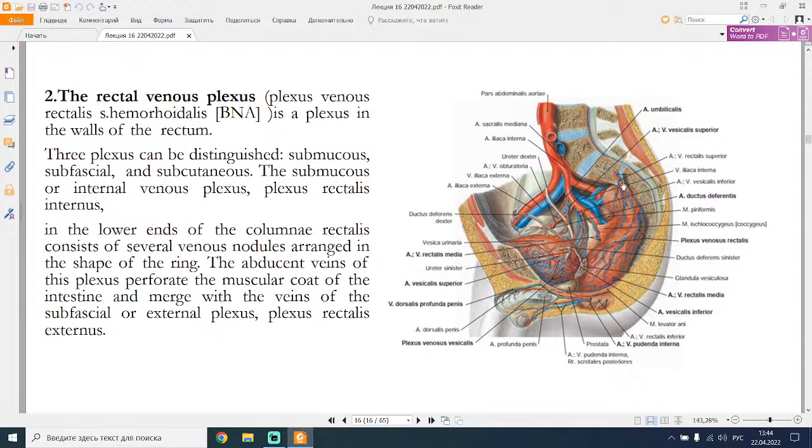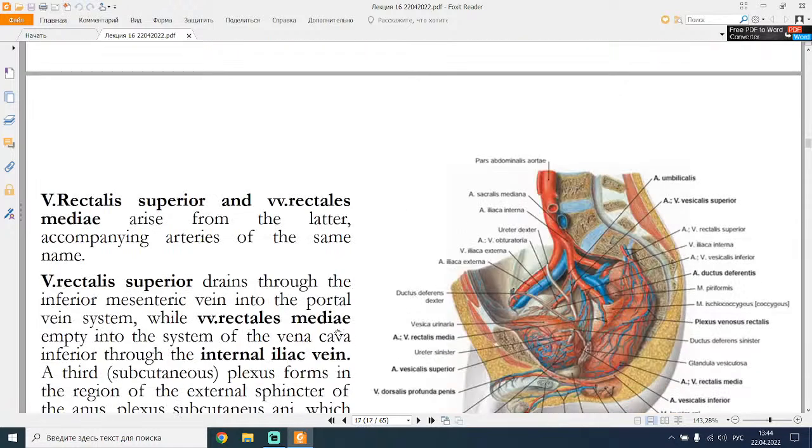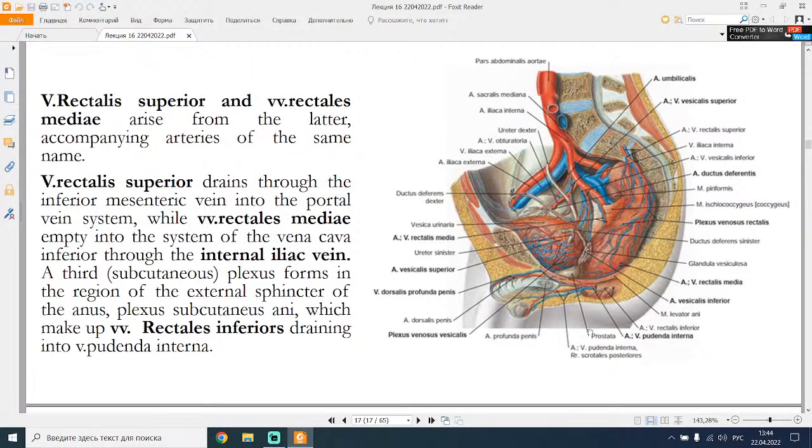This is vena rectalis superior, vena rectalis inferior and vena rectalis media. The blood of the rectal venous plexus drains into three veins. Vena rectalis superior and vena rectalis media arise from the latter, accompanying arteries of the same name.